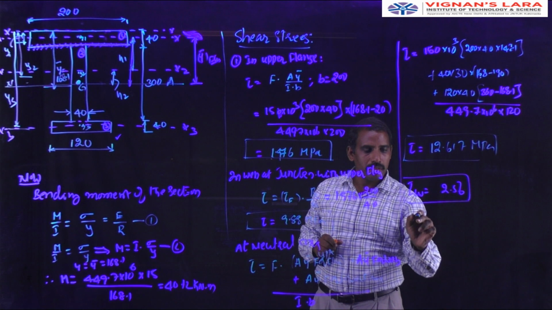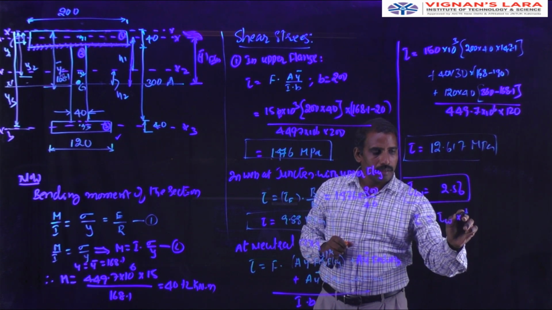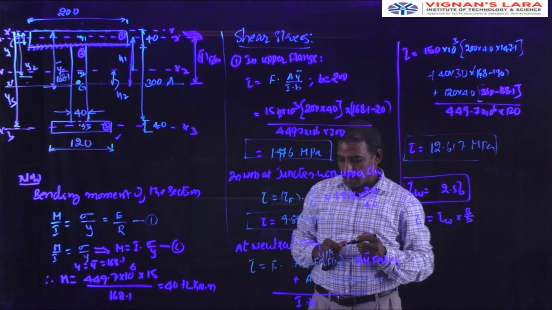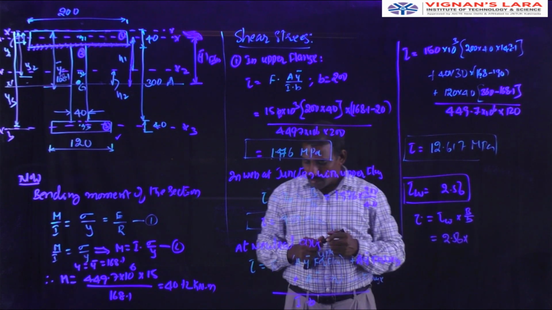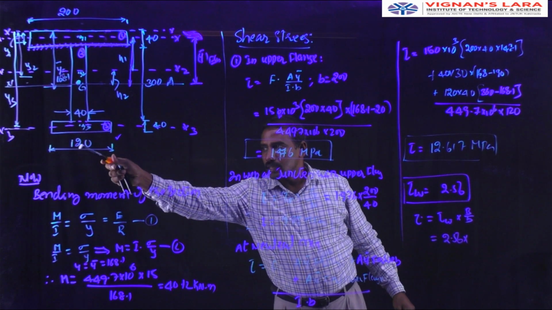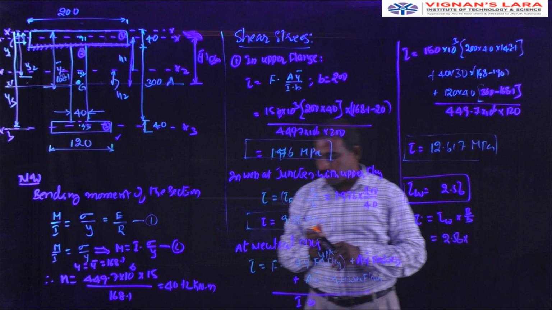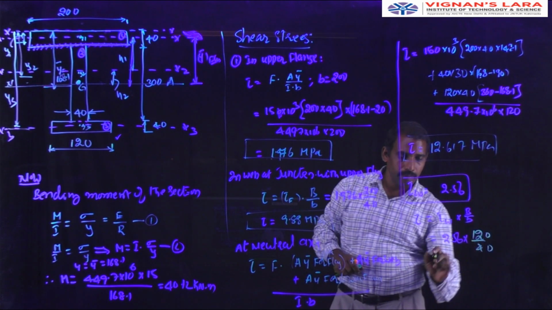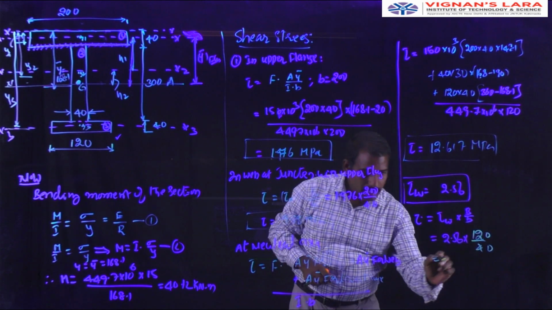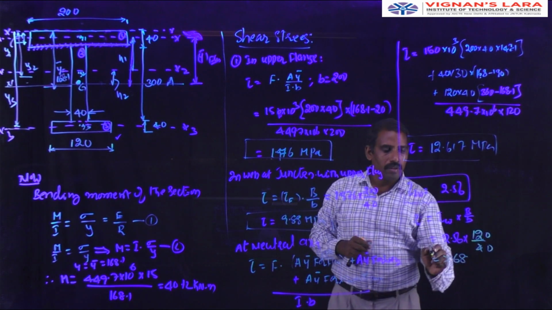It becomes tau W into capital B by small b. So that is 2.56 into capital B over small b, that is 120 divided by 40. This is 7.68.